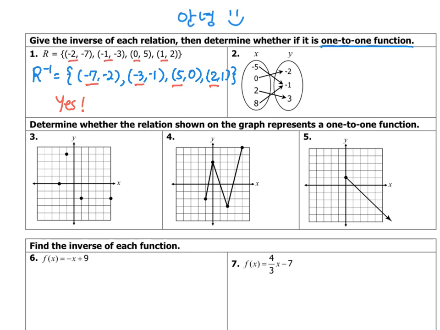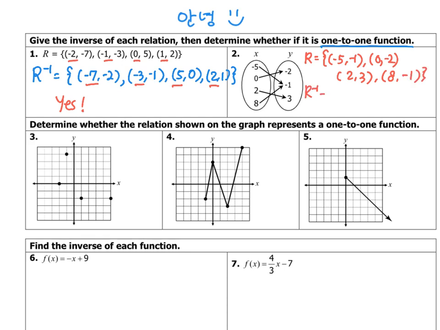Number 2, if you're confused by just looking at the diagram, you can also make the ordered pairs for your function first. Some of you, just by looking, can find the relations.